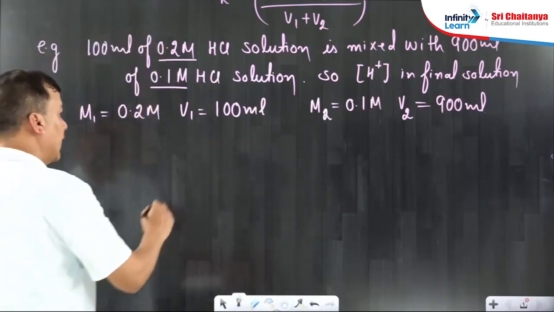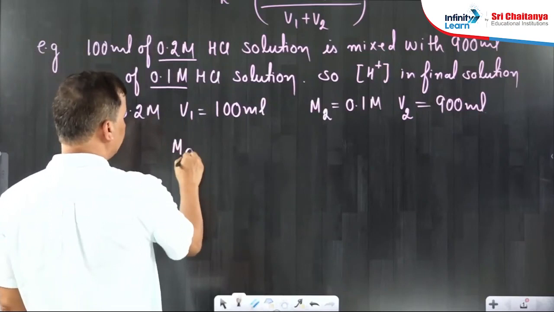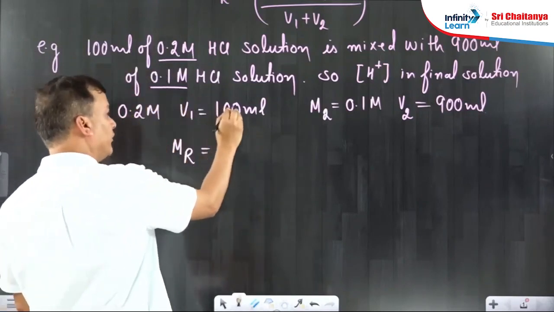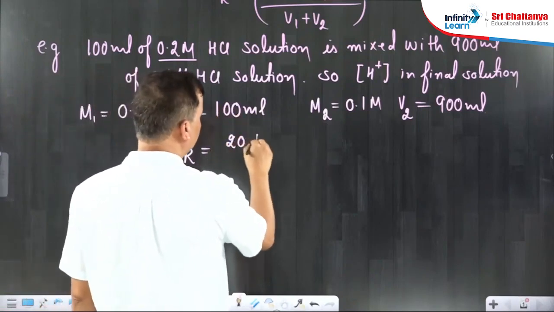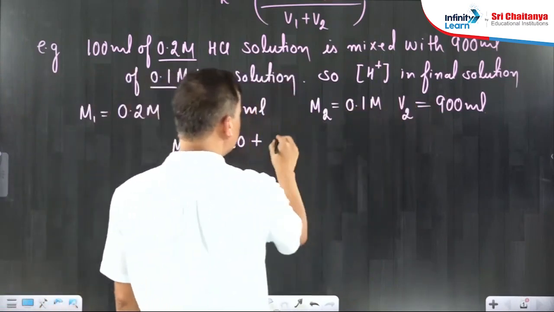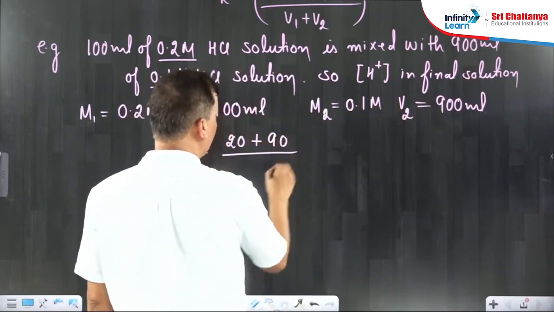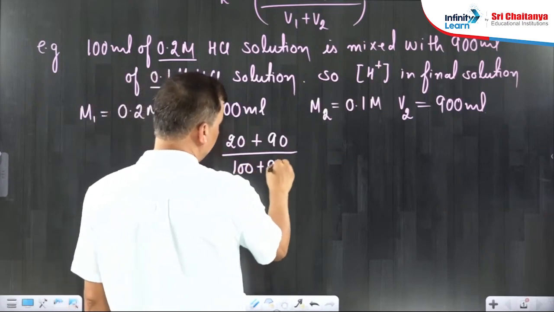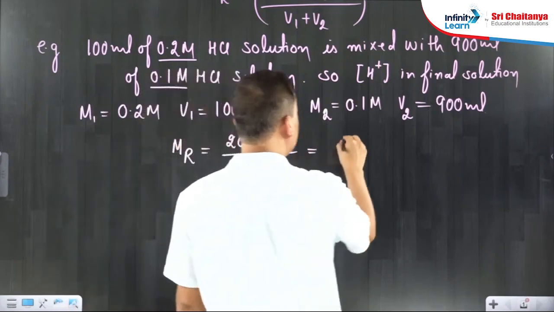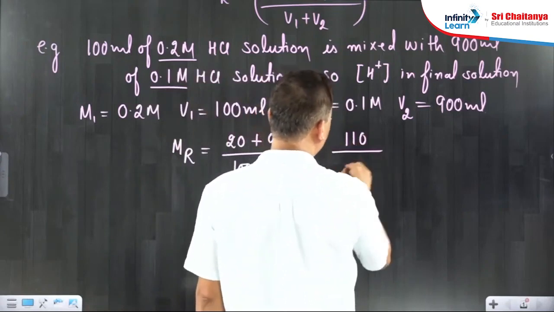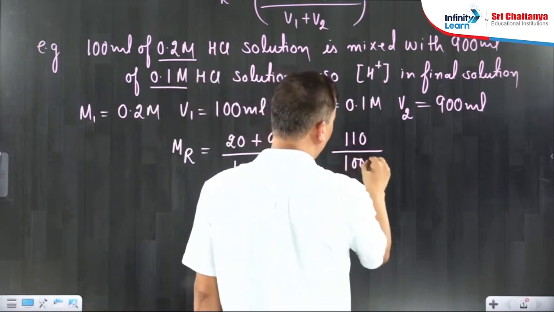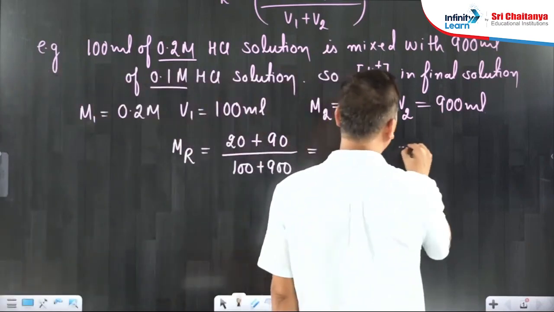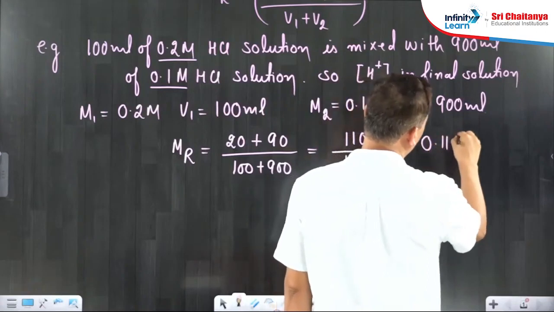So as I told you, the molarity of the resulting solution is equal to M1 V1, that is 20, plus 90, upon 100 plus 900 ml, that is 1000. So 110 divided by 1000 is equal to 0.11 molar.